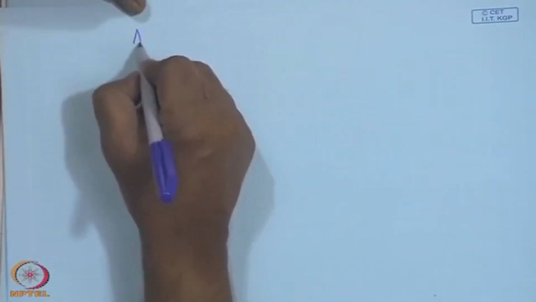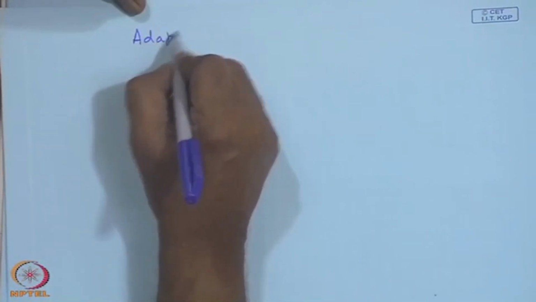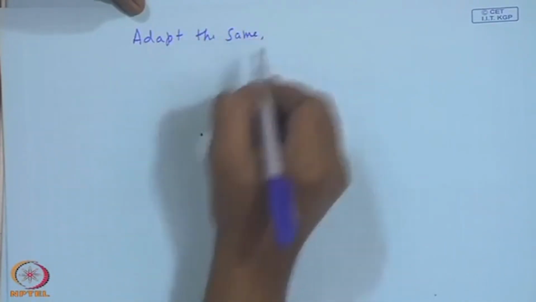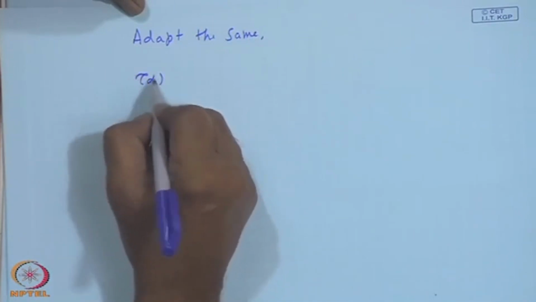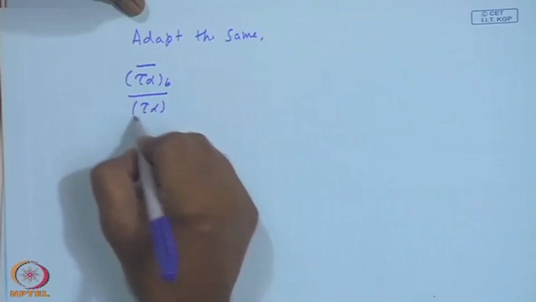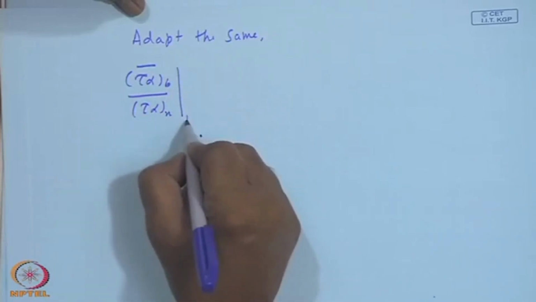So, we may adapt the same and calculate tau alpha bar b by tau alpha n for the month.